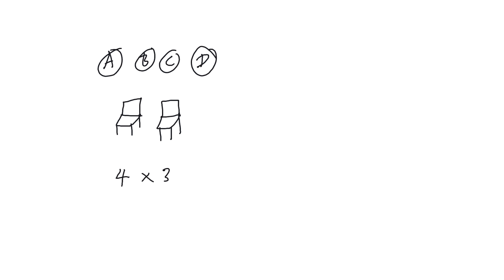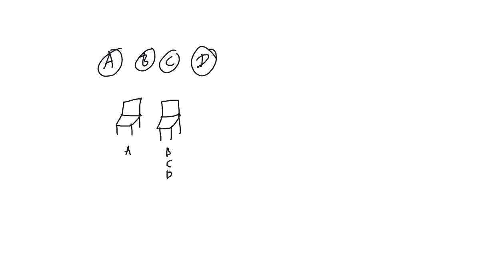So the first chair is A. So the second chair could be B, C, or D, right?